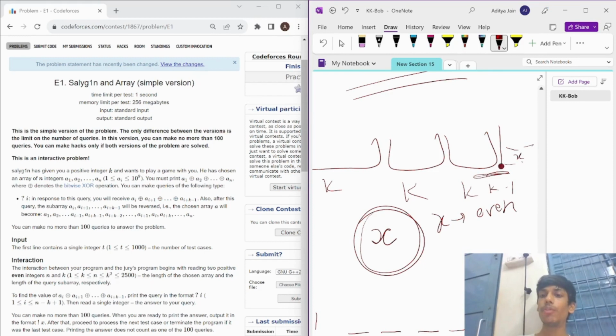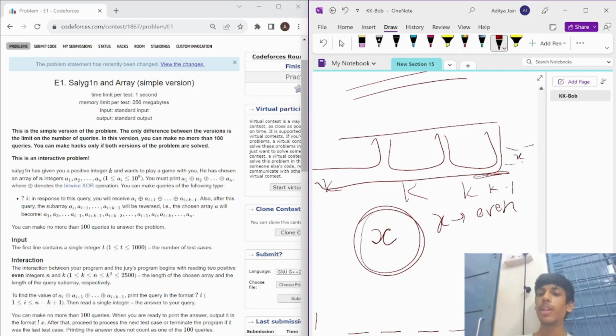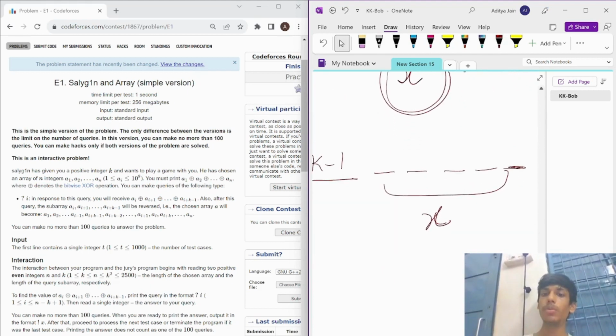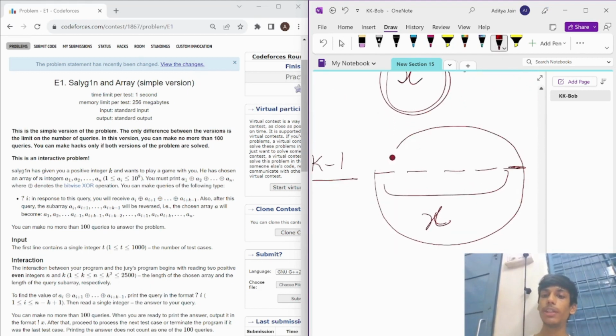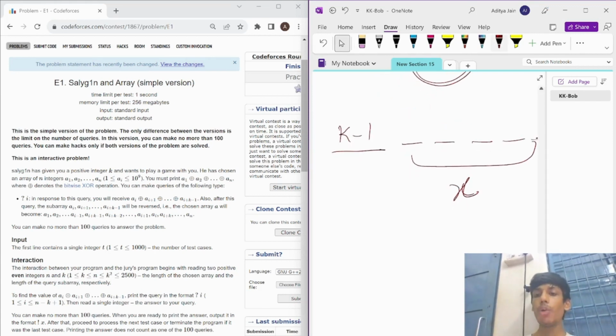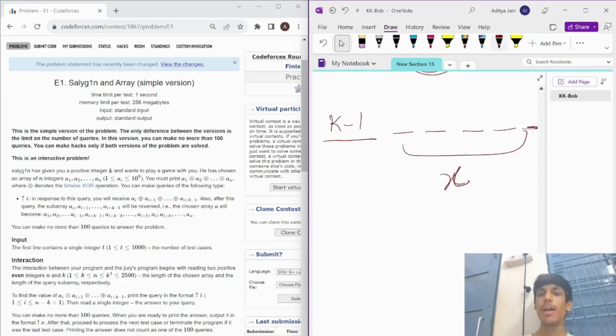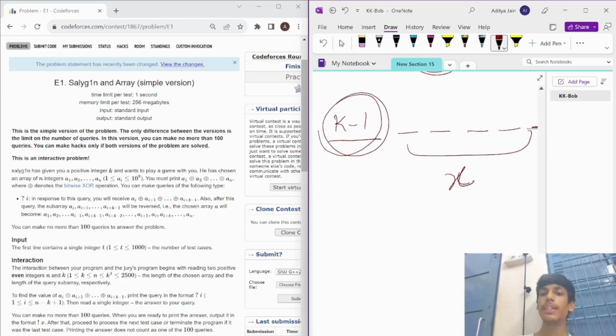Now my goal is to find the XOR of these x elements, right? Now, how to find the XOR of these x elements? I considered the k minus 1 elements of the segment that was just before it.